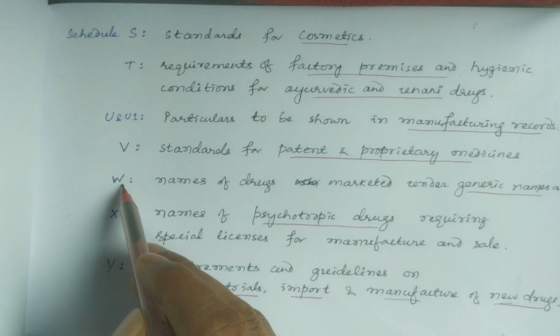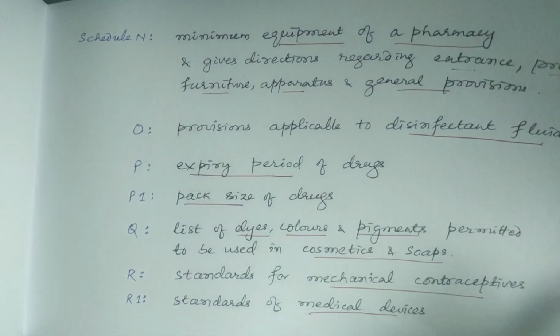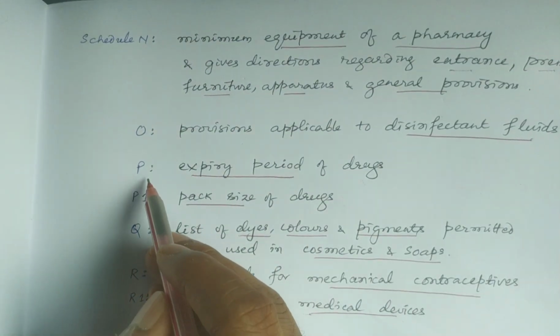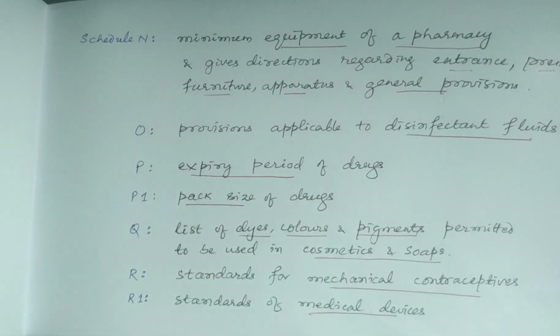So Schedule W, Schedule X, Schedule Y are important schedules in common usage. Then Schedule P is another important schedule in common usage.